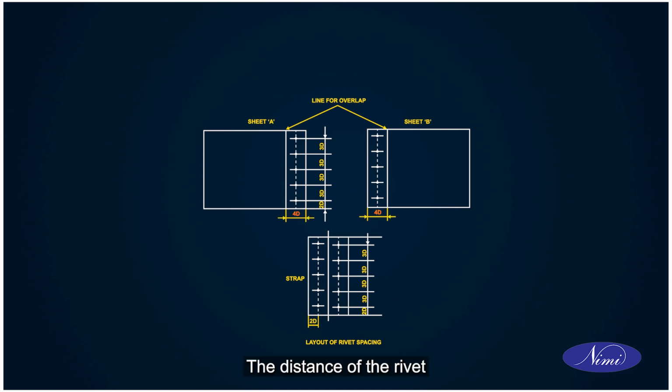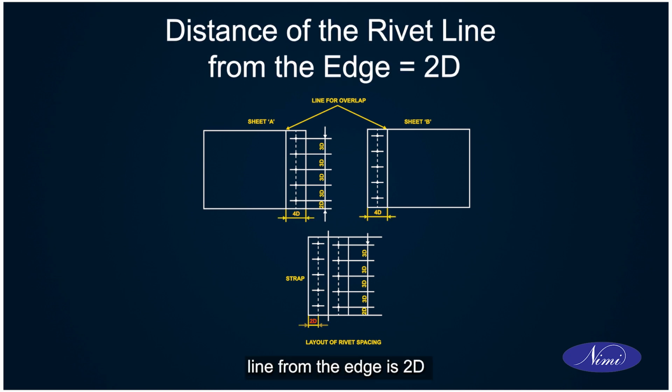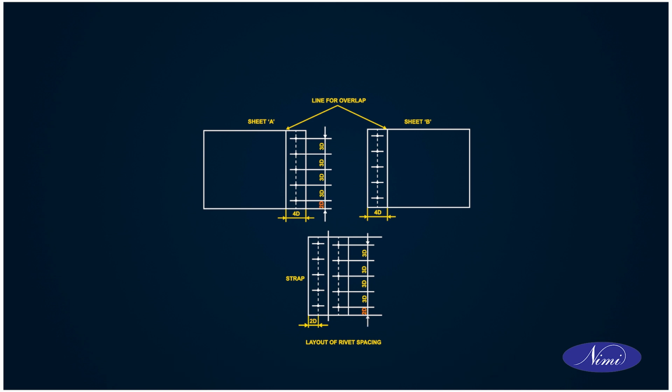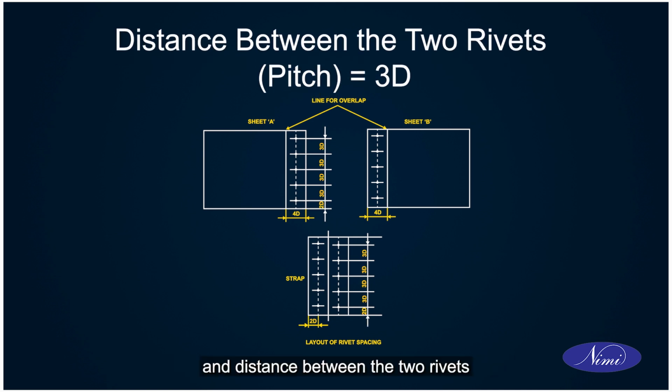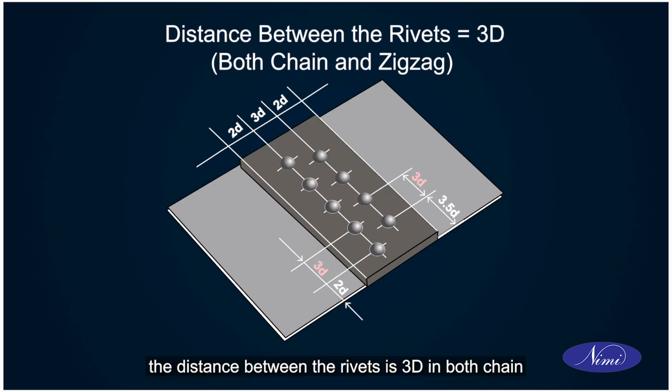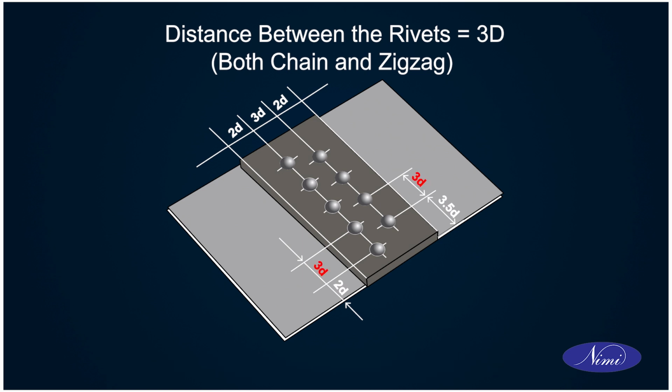The distance of the rivet line from the edge is 2d. The distance of the first rivet from the edge is 2d. And distance between the two rivets, also known as pitch, is 3d. In double strap double riveted joint, the distance between the rivets is 3d in both chain and zigzag arrangements.